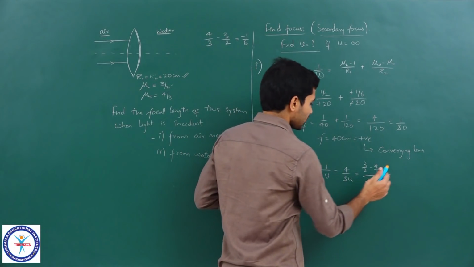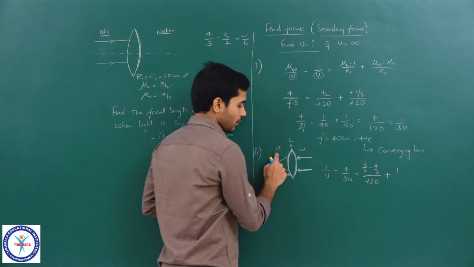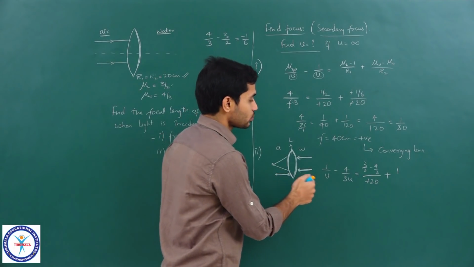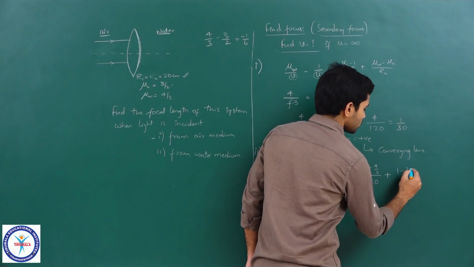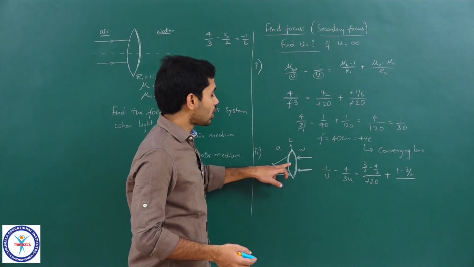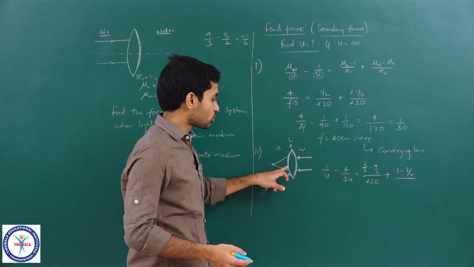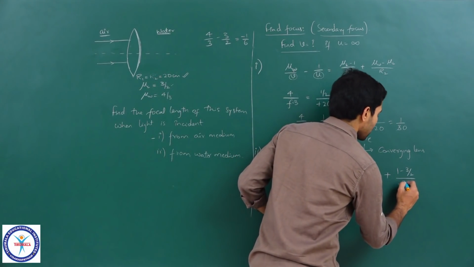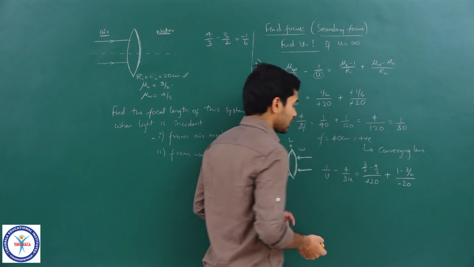So if I substitute, final is 1, initial is 3 by 2, so minus 3 by 2 divided by, what is the value of R? For this I should substitute the value of R as minus 20, correct. So by minus 20. So that is it students.